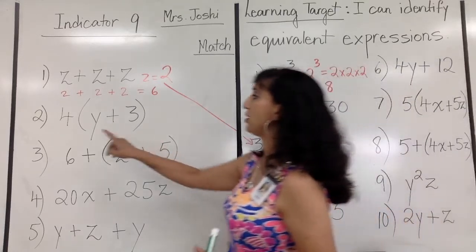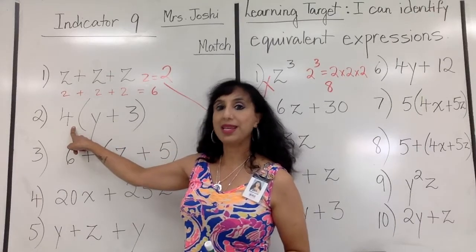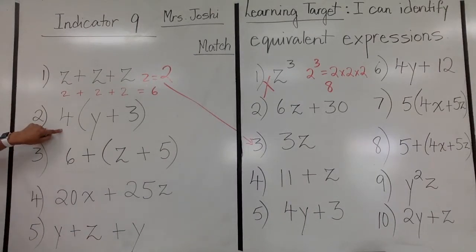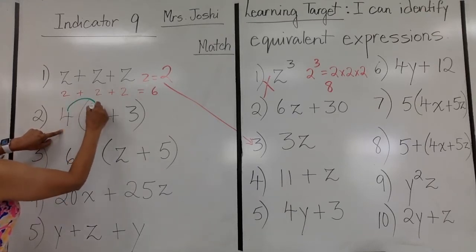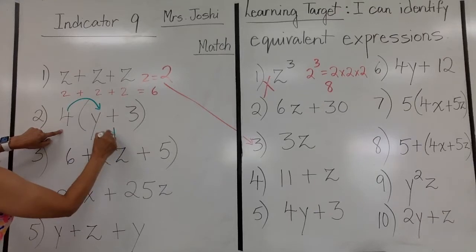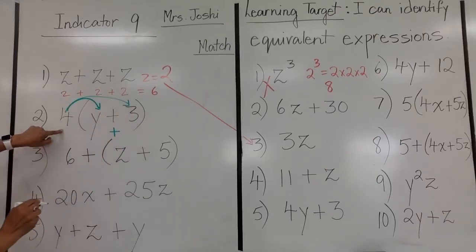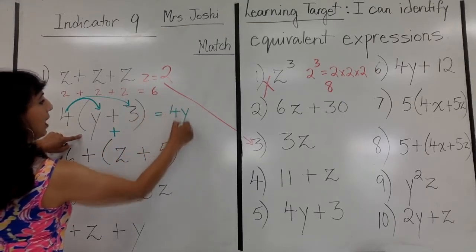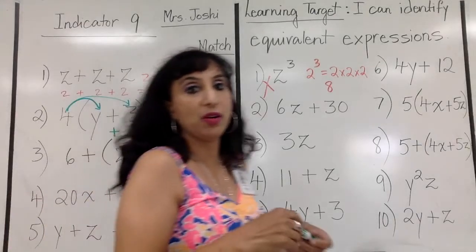There is no addition in the front, so this basically means I have to multiply the number outside with each variable or number inside. So look, 4 times y, and then plus 4 times 3. What is 4 times y? It is going to give me 4y. I can multiply because I don't know what y is.